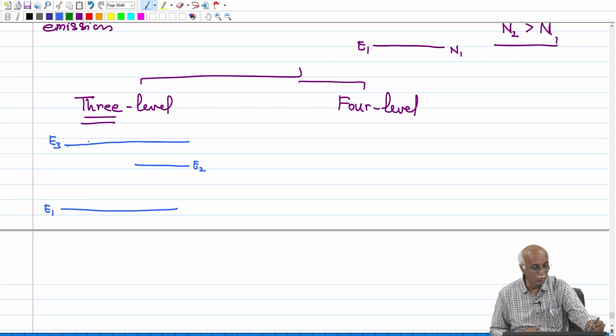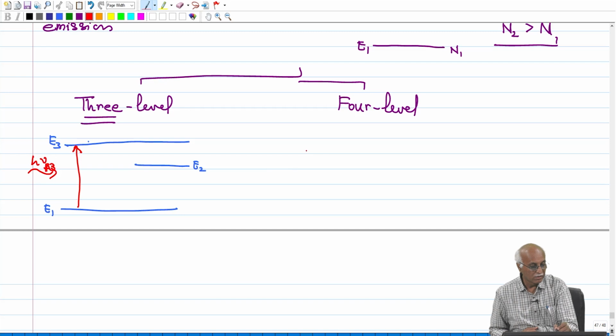And if we use a light with a frequency matching h nu 1 3, correct, meaning the photon energy is E3 minus E1.